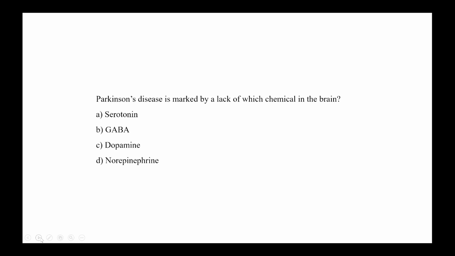Okay. Then we can go to the next question. Parkinson's disease is marked by a lack of which chemical in the brain? Option A, serotonin. Option B, GABA.